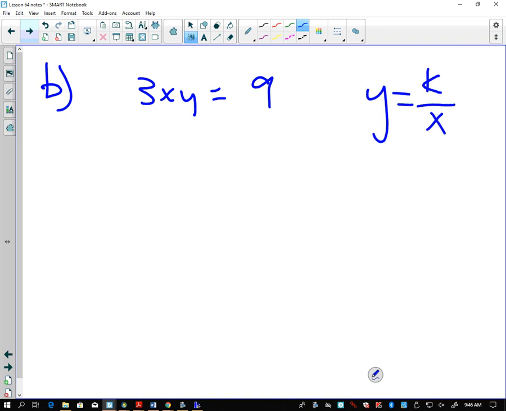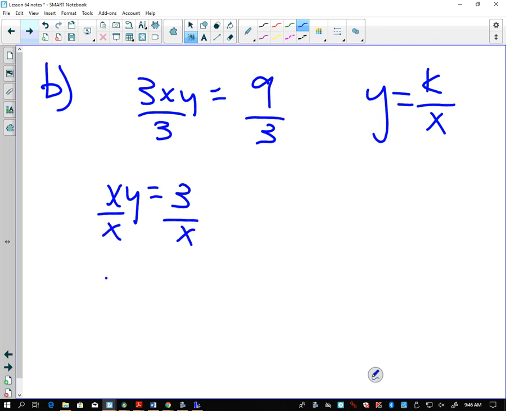If I wanted to solve for y in this equation, what would I need to do? First, divide by 3, right? Okay, well, that's going to give me xy equals what? 3. Okay, now what would I do to solve for y? Divide by x. So I get y equals 3 over x.